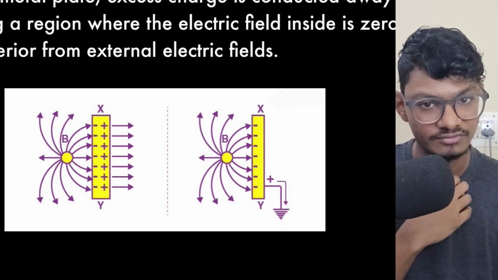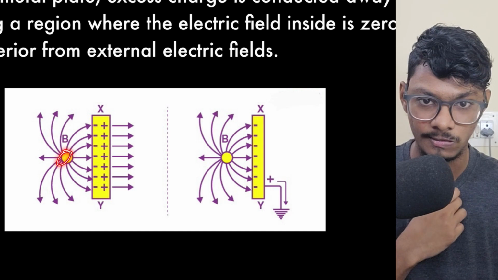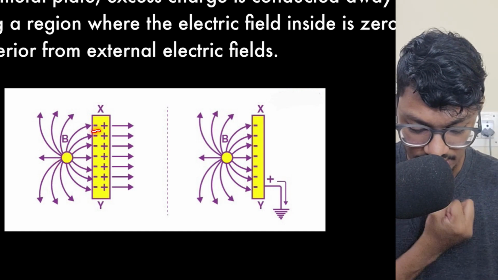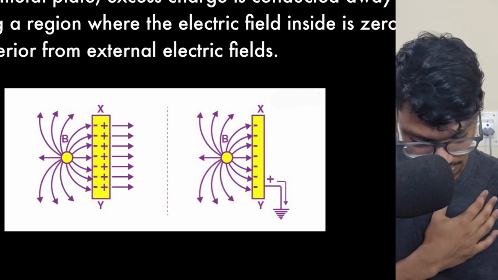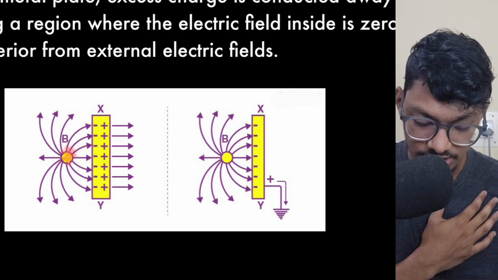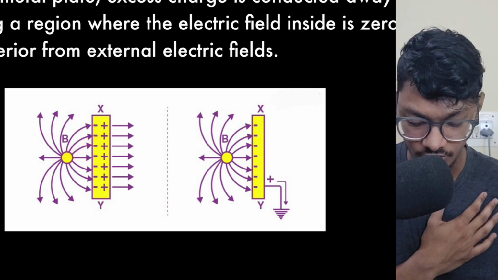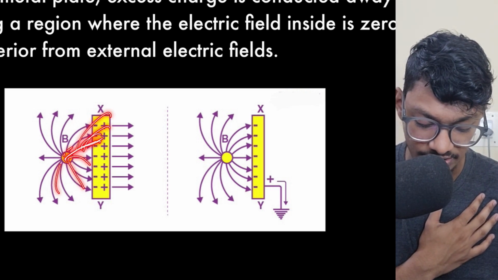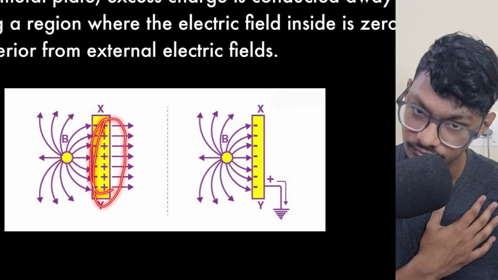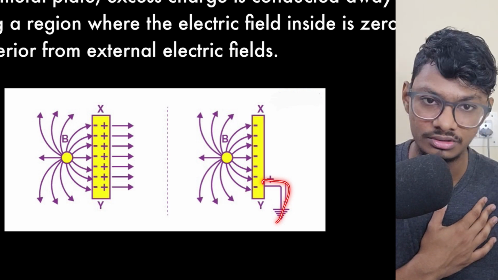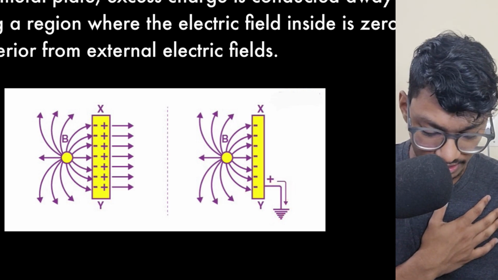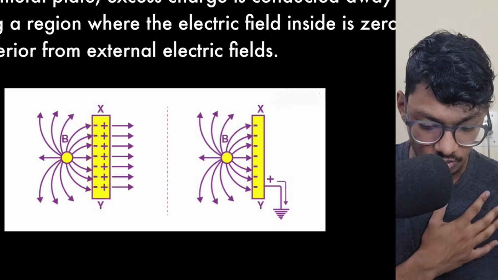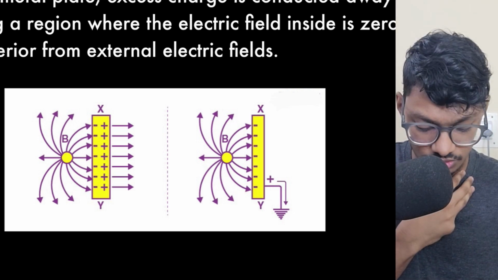It will not generate any electric field, because what happens if I have charge here? Due to induction, this is a positive charge, right? So the positive charge acts as a source, so it will attract the negative charges here and the positive charges will be formed here. But if I ground this particular thing, it gets all the excess or deficient electrons to the ground.